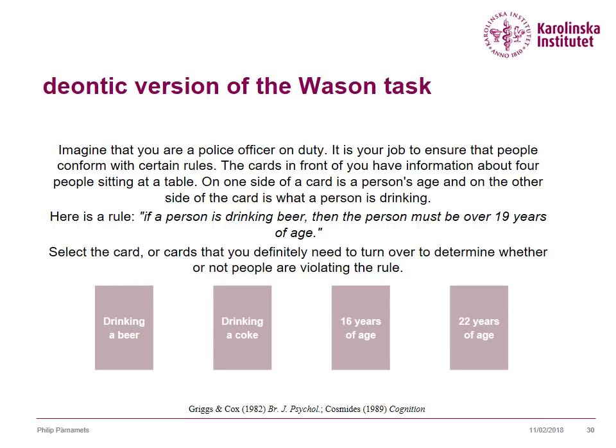And then you imagine that you have these 4 cards again, but these 4 cards represent different persons in a bar. And the question is, who would you ask in order to confirm the rule? If a person is drinking beer, then the person must be over 19 years of age. And here, of course, you would naturally ask the person who's drinking a beer and the person that's 16 years old.